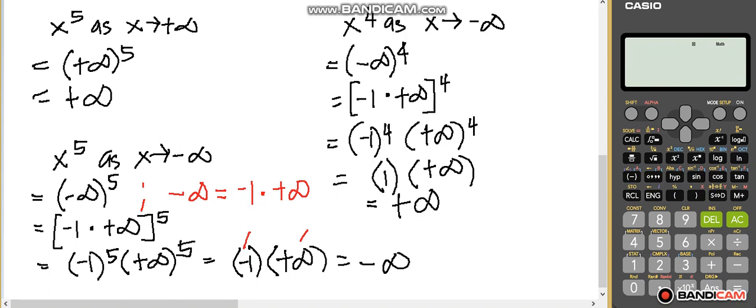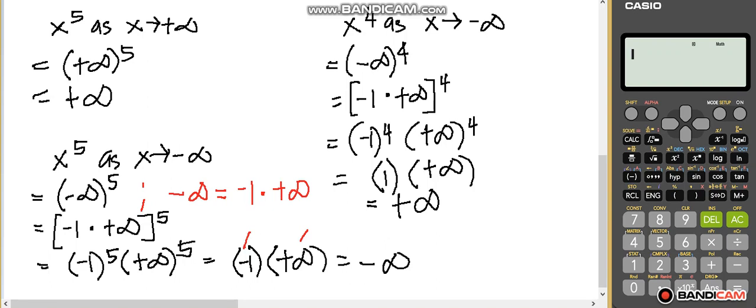So, ganun lang naman yun, class, yung ibig sabihin ng tatlo. You need not memorize those 3 limit notations. You just have to evaluate or simply tignan mo na lang yung logic behind those 3 notations. So, ito yung gagamitin natin for our examples. Substitute mo na agad yung positive infinity or yung negative infinity.